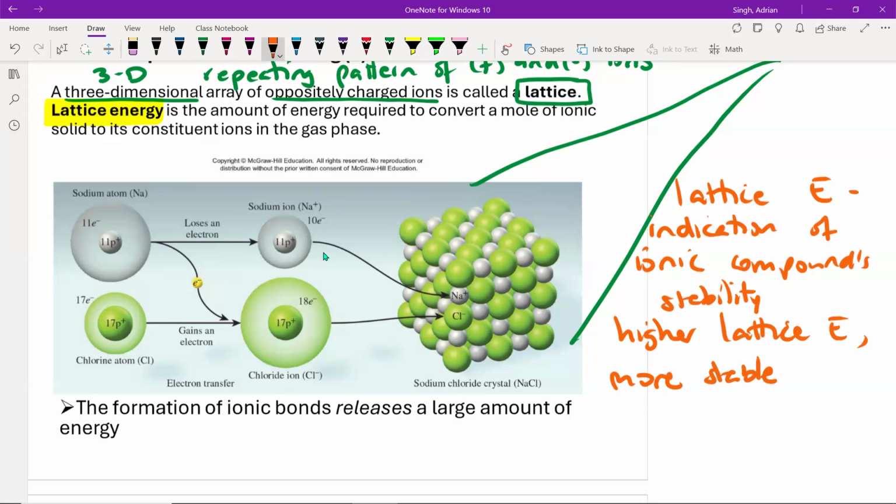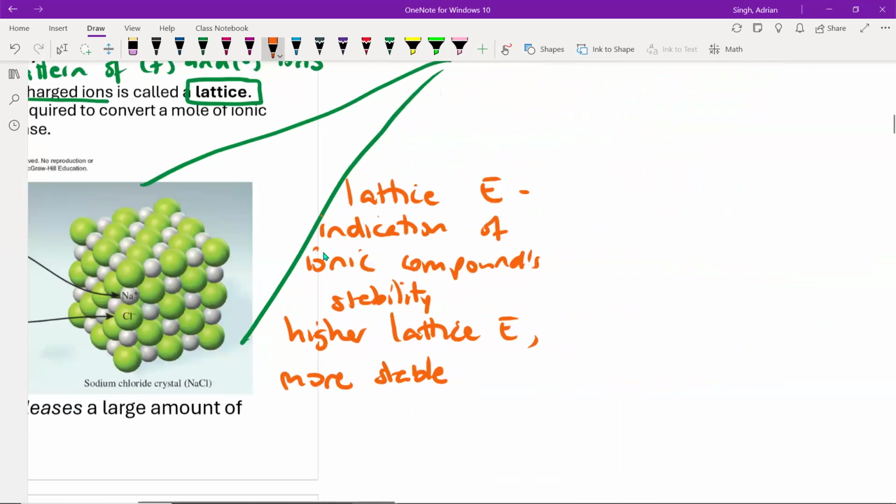So what exactly is the lattice energy? I mentioned it briefly. You can think of the lattice energy as follows.